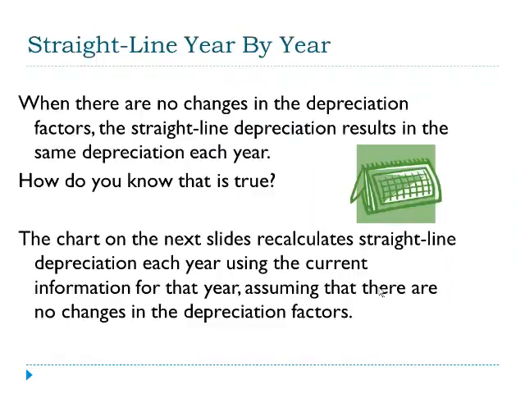When there are no changes in the depreciation factors in subsequent years, the straight line depreciation result that we calculate for the first year is going to be the same number that we get for each of the subsequent years. The chart on the next slide recalculates straight line depreciation each year using the current information, assuming that there's no changes in the depreciation factors.